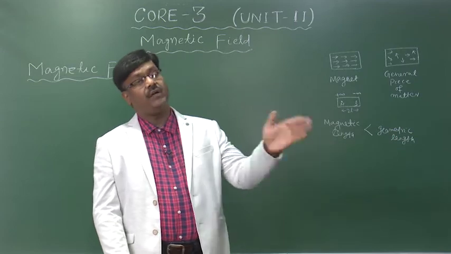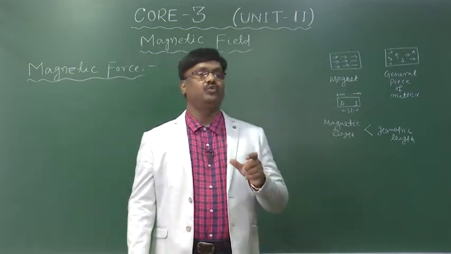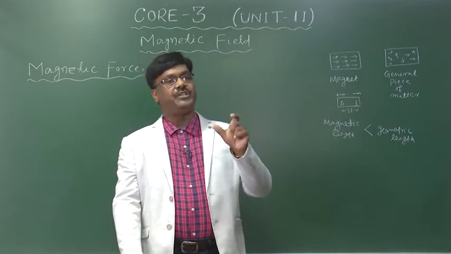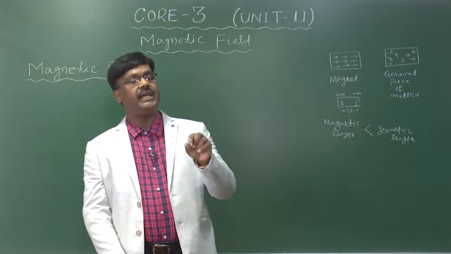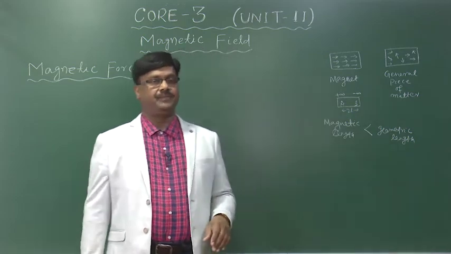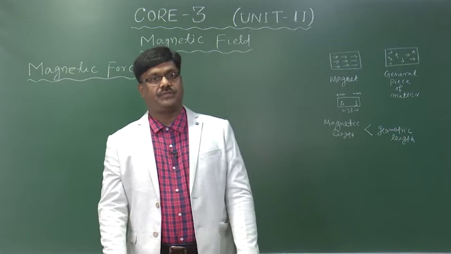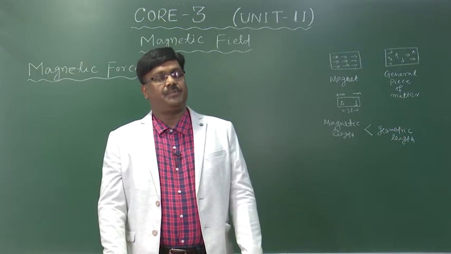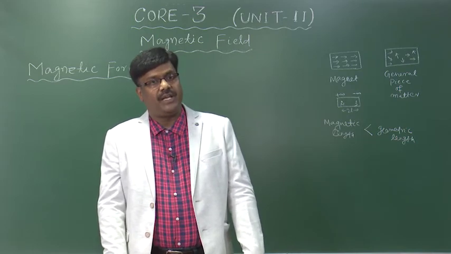In electrostatics, we have already known Coulomb's law, which states the force between two point charges separated by a small distance. Exactly here, there is a force between two poles, and we can write F proportional to the pole strengths m1 and m2, proportional to 1 by r square.